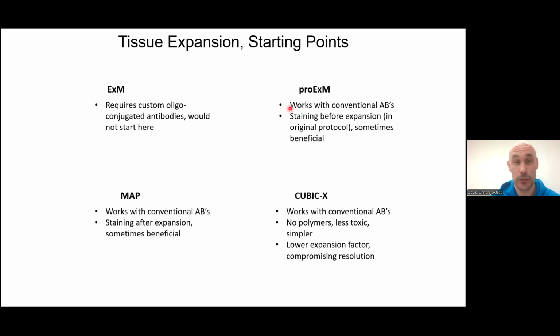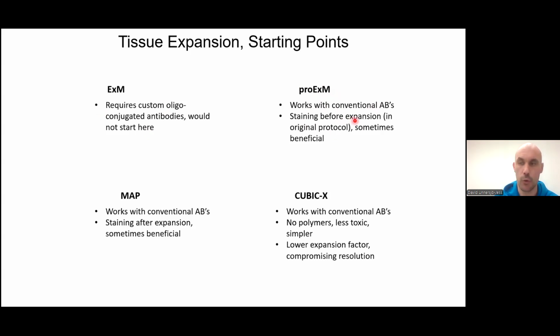Yeah, so then again, just some starting points. So this original protocol, I would basically not go there, but it requires these custom antibodies. So I would say no one uses this protocol anymore. Pro-EXM, it works with conventional antibodies, which is nice. And staining is typically carried out before you even start the expansion protocol. And for some stainings, this can be beneficial.